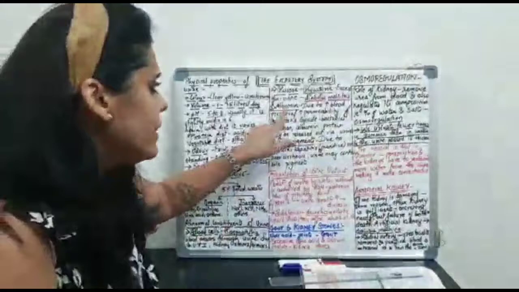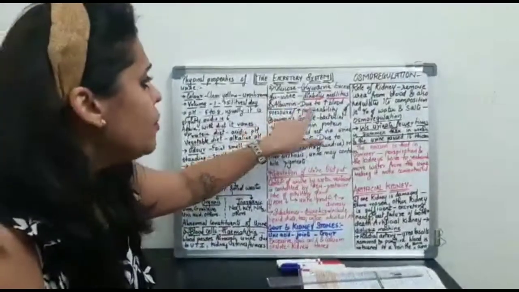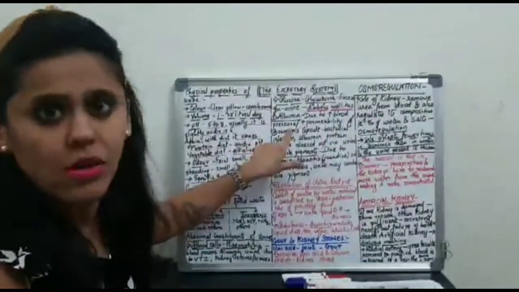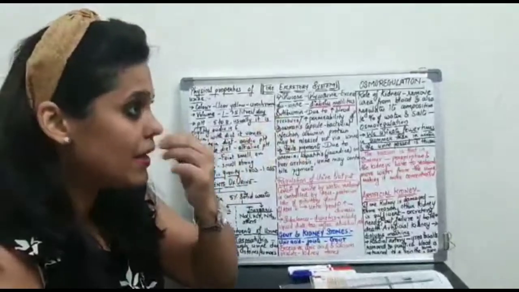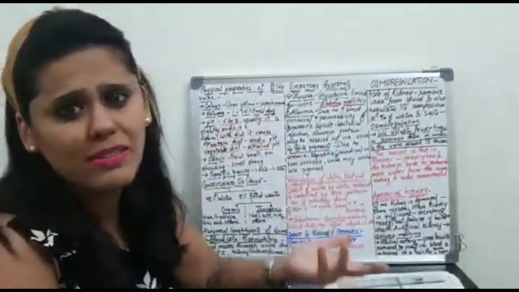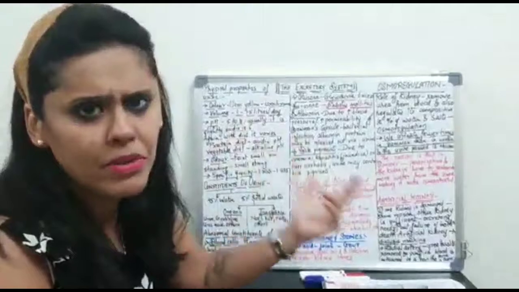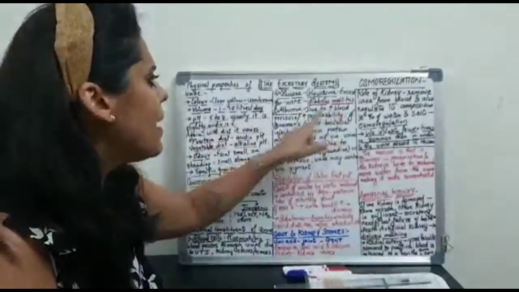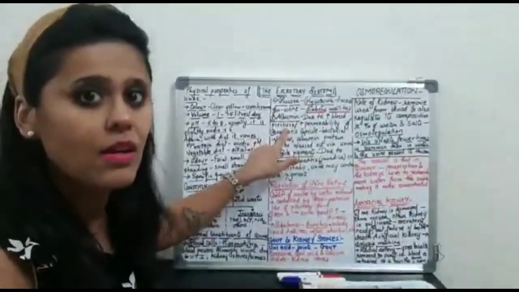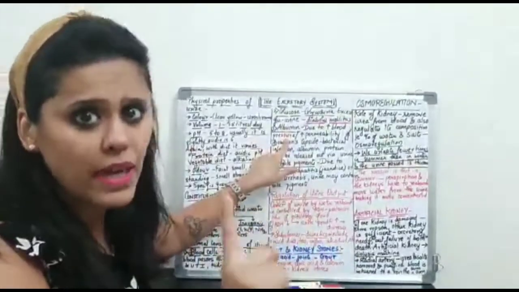But in this condition, due to high blood pressure, or sometimes people are too stressed out. The stress can be because of multiple reasons, because of which the blood pressure automatically rises. This is one of the conditions.